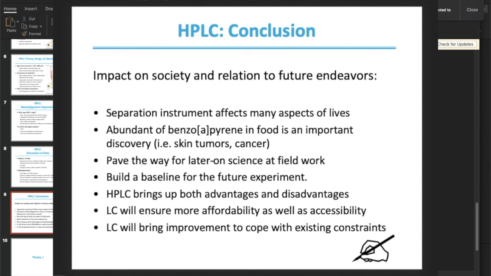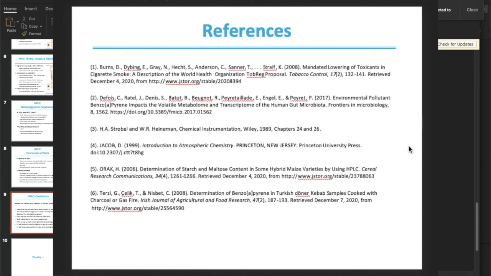The abundance of benzopyrene in food is still an important discovery, and HPLC and other similar instruments have made the way for later science as well as built a baseline for future experiments. And so, building off the past, we would expect to see liquid chromatography become more affordable and also improved in order to deal with the existing constraints.